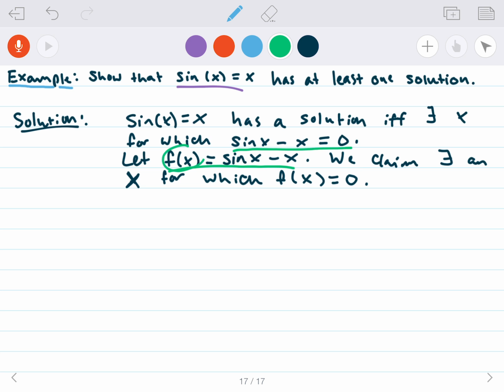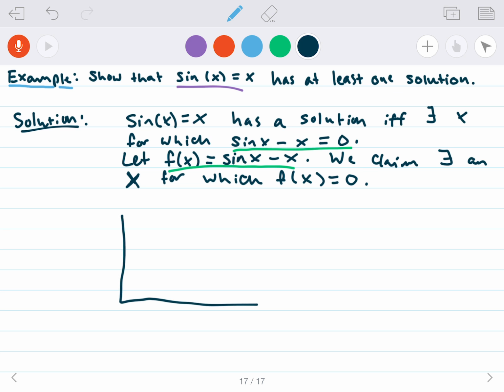All right, so we're going to use the intermediate value theorem: we're going to pick a negative number and a positive number, and deduce that by the intermediate value theorem, it has to cross the x-axis.